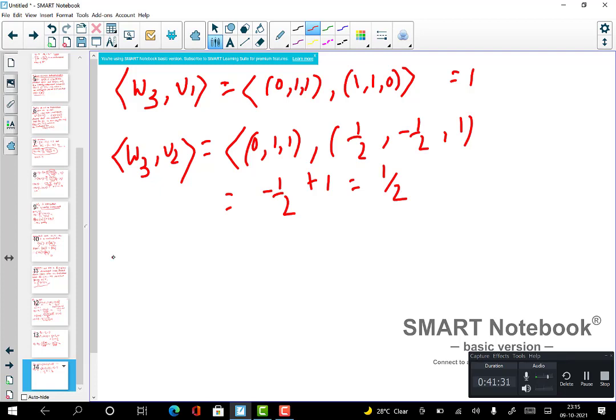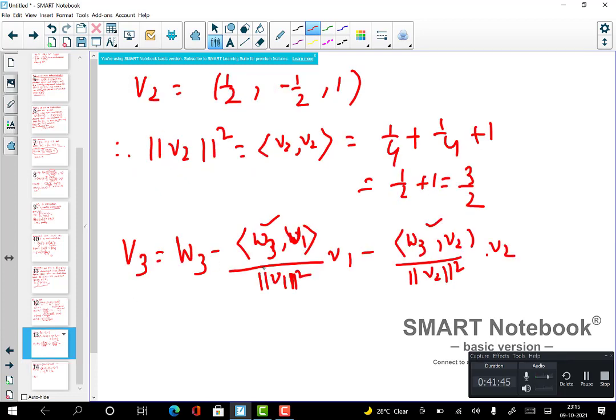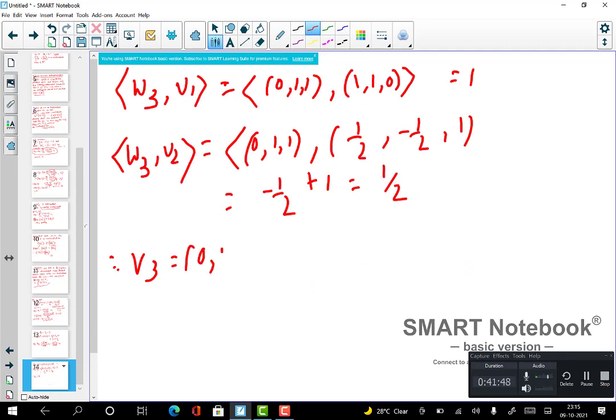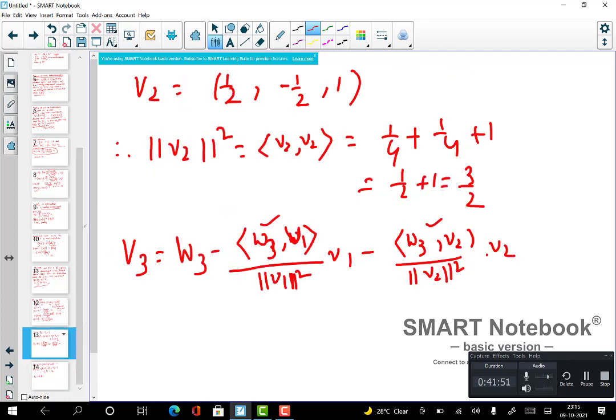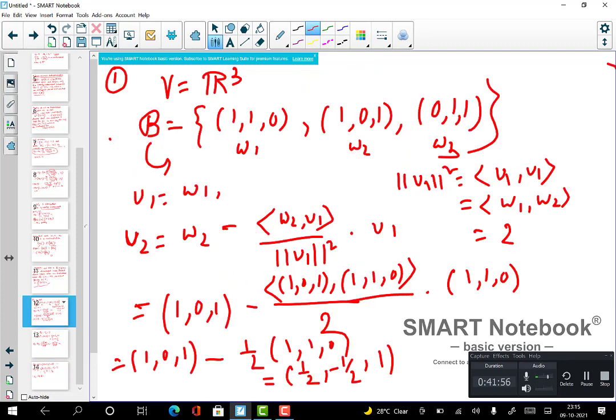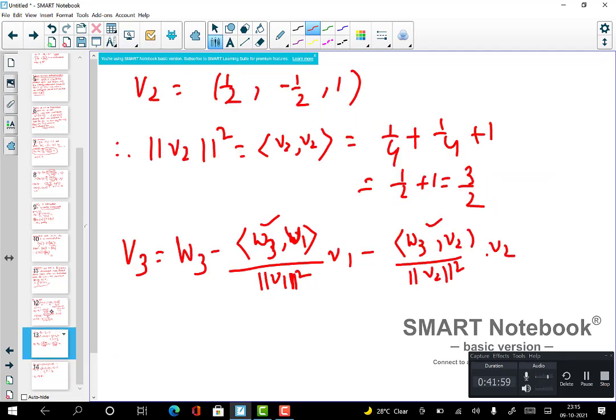And done. So V3 is nothing but, using the formula, W3 minus this, so W3 is 0, 1, 1 minus this quantity, 1 by the norm of V1 square, which is 2. This is a norm 2 vector, but V2 is a different vector with norm 3 by 2. When you multiply half with half, you get 1 by 4, right?